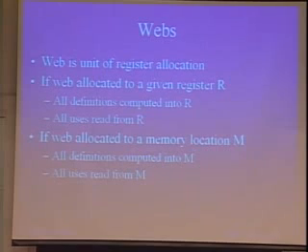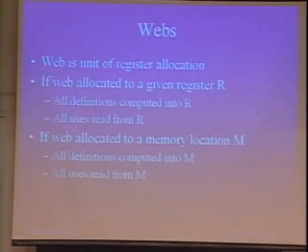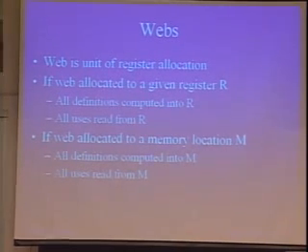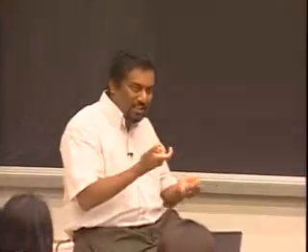If this web is in memory, all the operations happen from memory. However, you probably will have to keep one scratch register, because assume I am doing an operation with two webs that are both in memory, and you can't do that operation directly. So you need a scratch register to bring that value to the operation and save. So one scratch register will probably do that. You need to keep that in there.